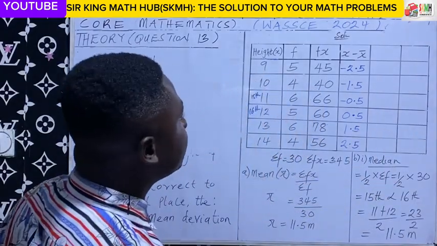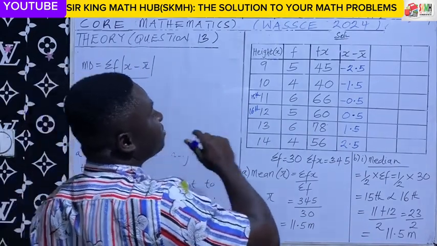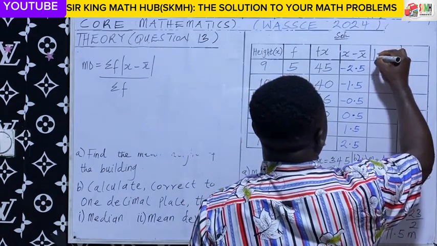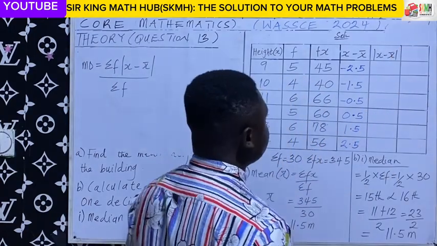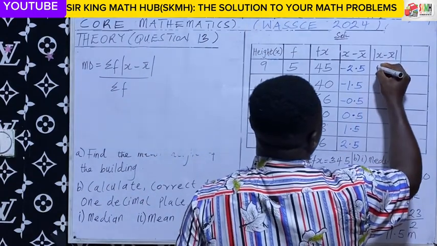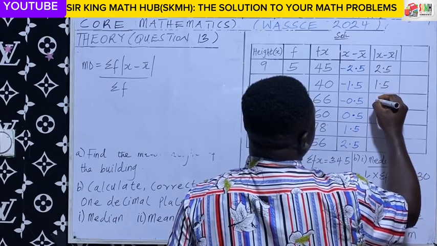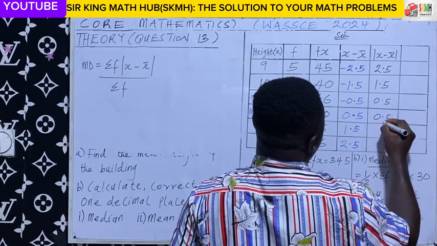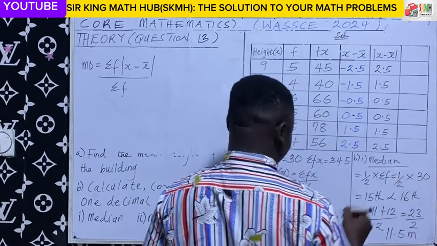Now, we also need to find the absolute value of x minus mean. So what is the absolute value of negative 2.5? Positive 2.5, positive 1.5, positive 0.5, 0.5, 1.5, and then 2.5.